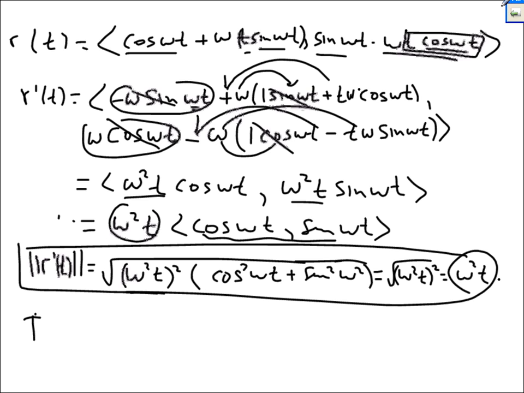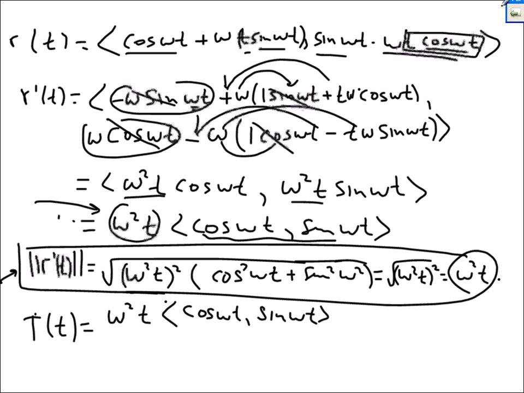So now T of t is the division of these two. It's this divided by that. We have omega squared t times the vector cosine omega t, sine omega t, and it gets divided by omega squared t. So that cancels out.